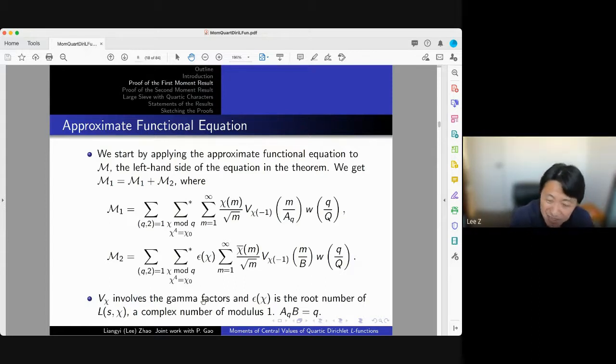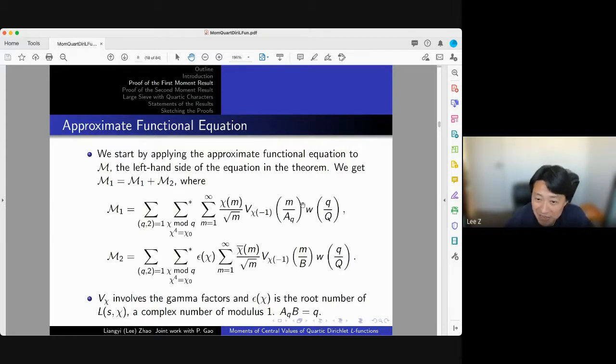But if you've never seen this before, the functional equation of an L function, of a Dirichlet L function, or in fact any L function, will involve a bunch of gamma factors. Remember, the functional equation of the L function relates L(s) to L(1 minus s). There are a bunch of other things in this functional equation. Among other things, there are these gamma factors. So just think of these V's as gamma factors.